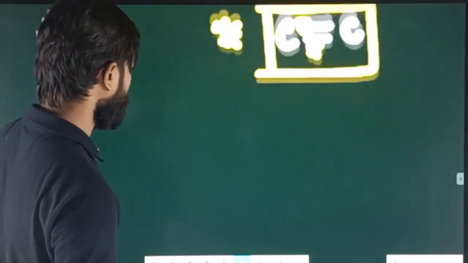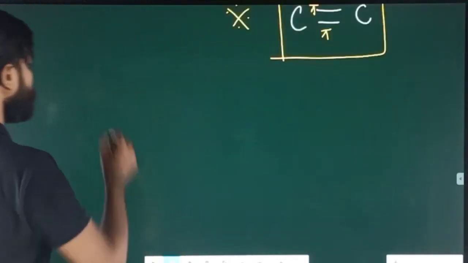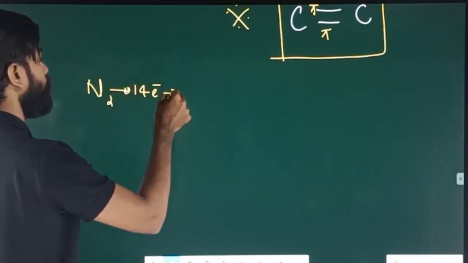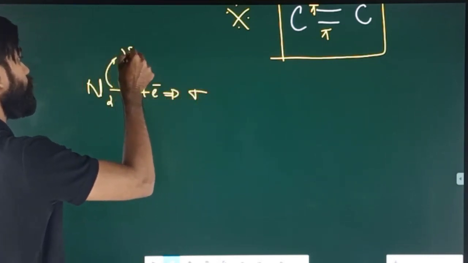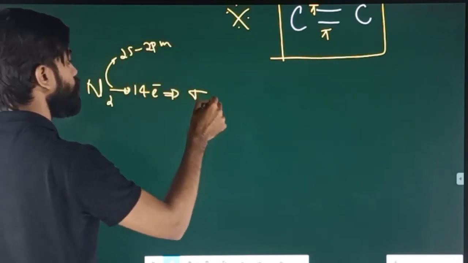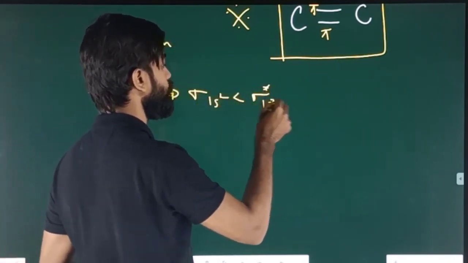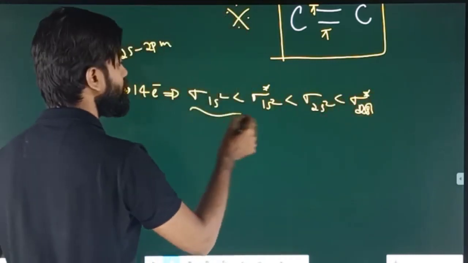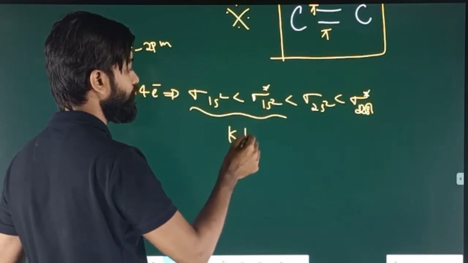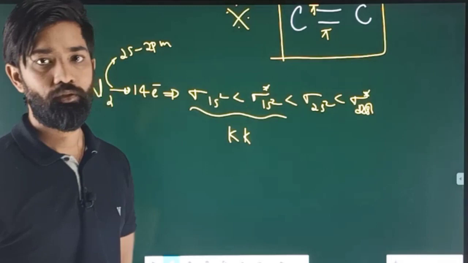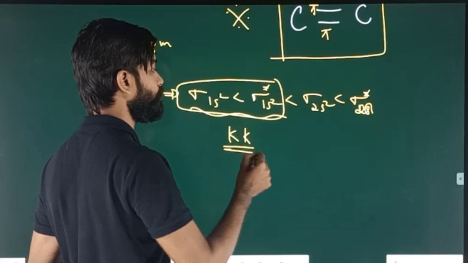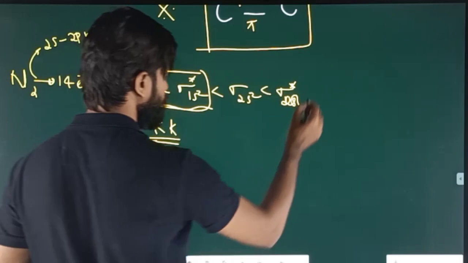What about the next? The next molecule, that is nitrogen. So nitrogen N2, with 14 electrons in the configuration, and they have 2s2p mixing. So sigma 1s2 less than sigma star 1s2 less than sigma 2s2 less than sigma star 2s2. Okay, sometimes this is represented like this, KK. KK means the first shell is filled. So instead of this they may write like this also. Followed by this having 2s2p mixing.